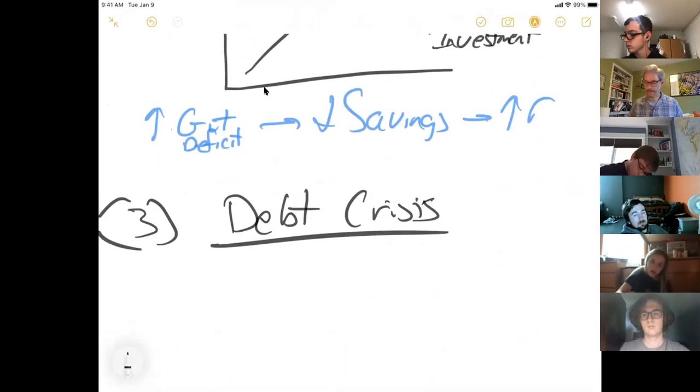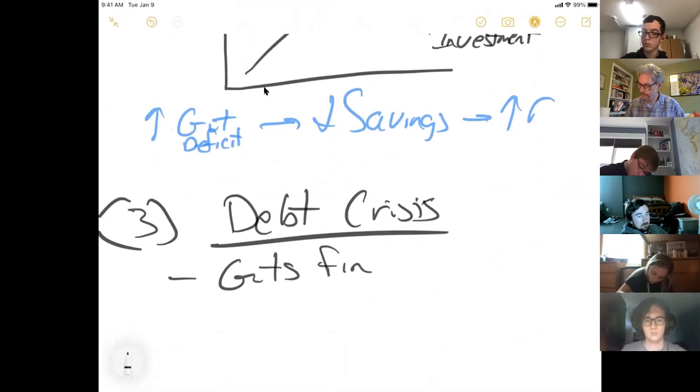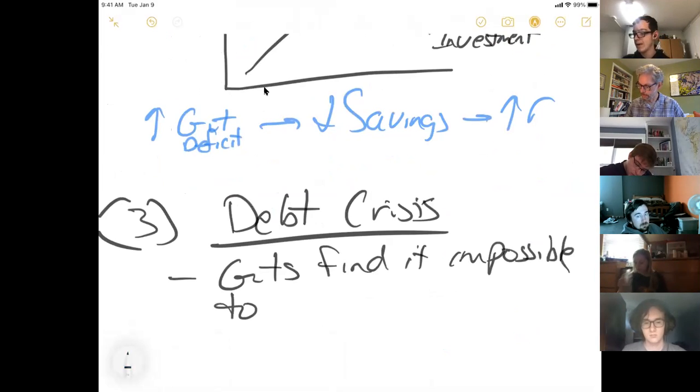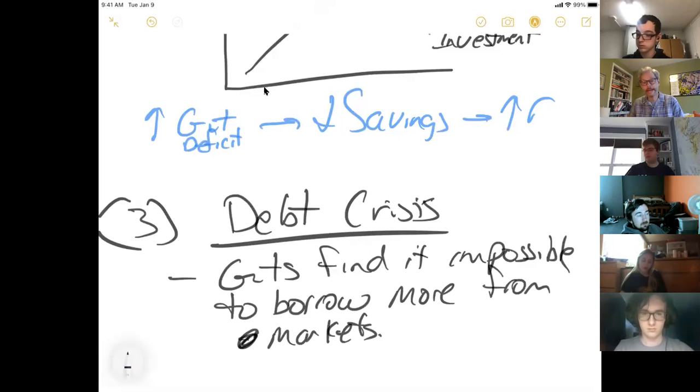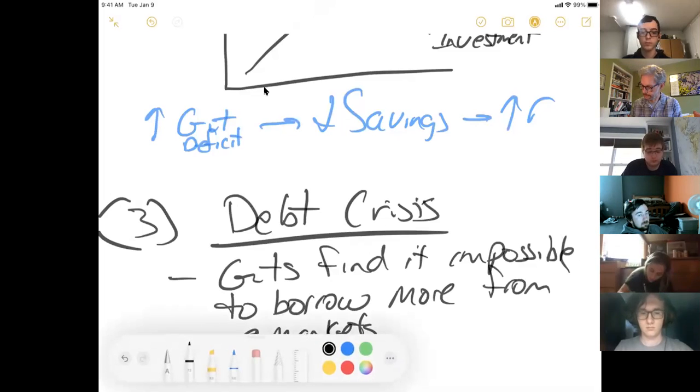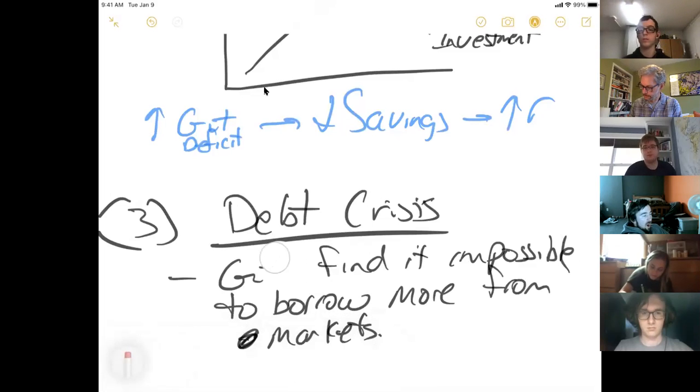What's a debt crisis? A debt crisis is simply when a government finds it impossible to borrow more from markets.